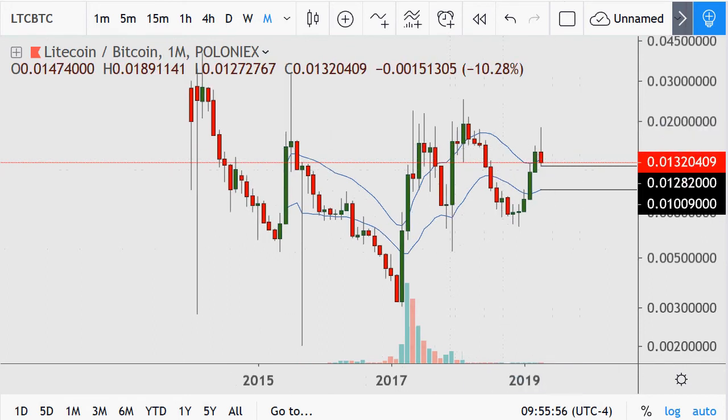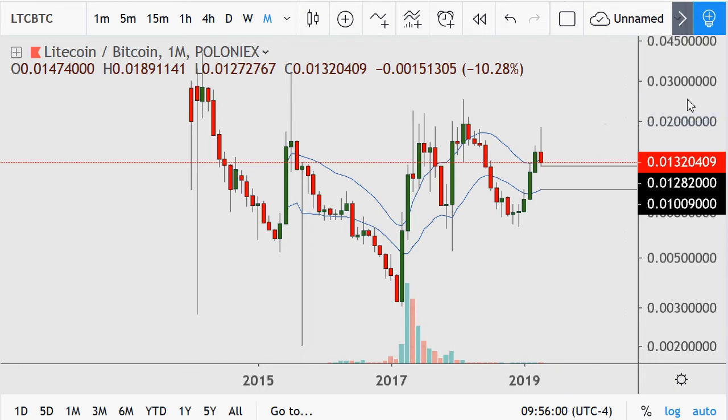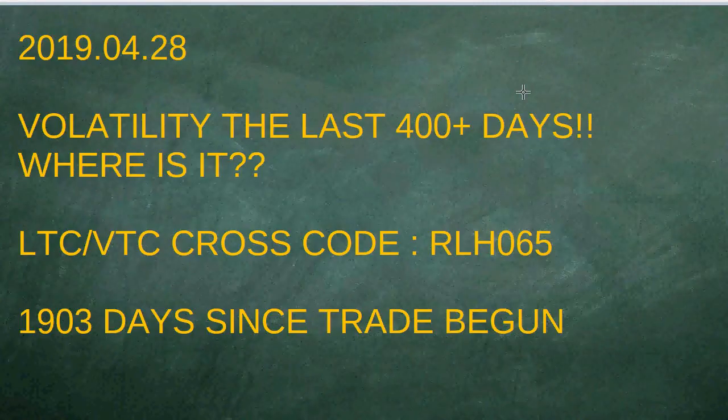Now I'm going to put another chart in. Another chart I'm going to show you. Before I do it, I'm just going to explain the parameters to it. We're going to take the Litecoin and the Vertcoin cross, and how it starts off from day one, the day it was entered, at least on the Bittrex exchange, matches the data that I got early January 2014.